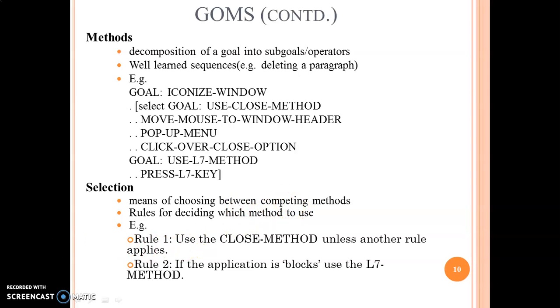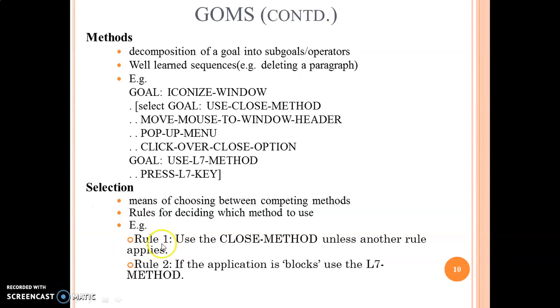For example, Sam is a user who never uses the L7 method except for one game, which is a blocks game where the mouse needs to be used in the game until the very moment the key is pressed. GOMS captures this in a selection rule for Sam.